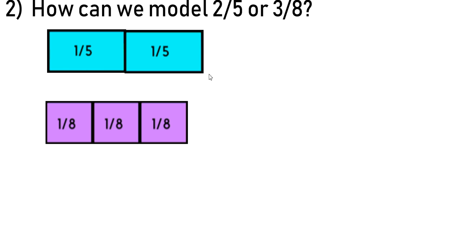Well, it appears that 2/5 is bigger because the pieces that make up 2/5 look like they take up a little more space than the pieces that make up 3/8. Now, more advanced people are going to recognize that this is about 0.4, and this is about 0.375, and 0.4 is bigger than 0.375. But you can see in the fraction model, the 2/5 is bigger than the 3/8.